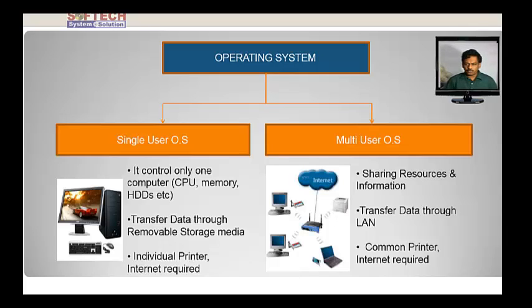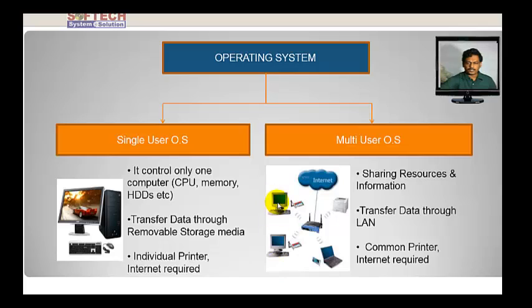It connects more than one computer to share information and resources through a transmission medium, that is, wire or wireless. For example, this is the internet, a router cum modem.